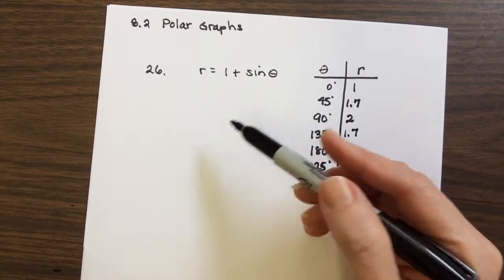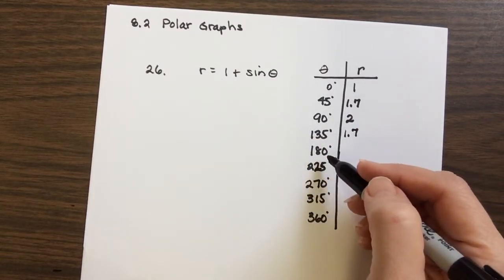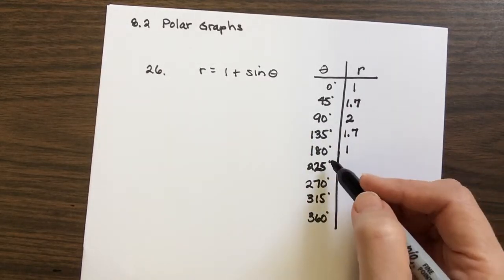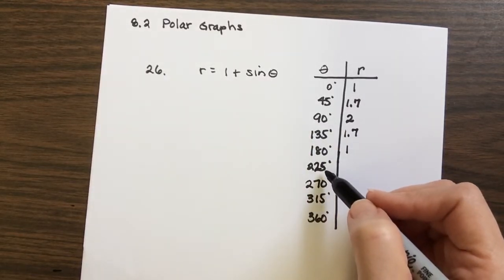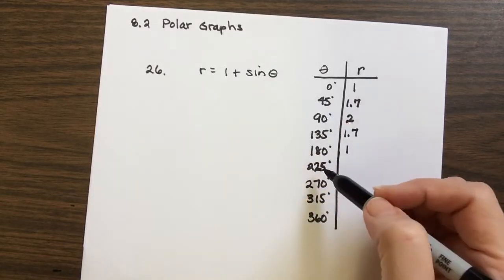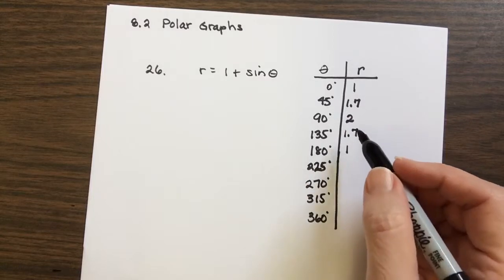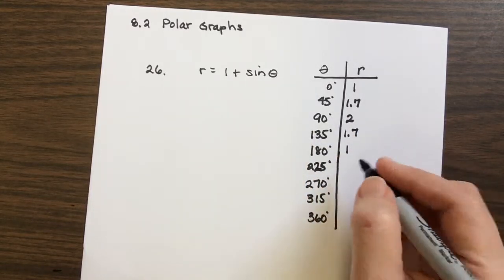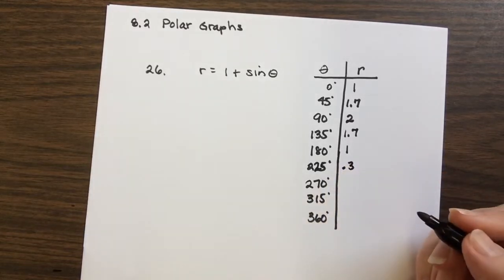Alright, the sine of 180 is 0, plus 1 is 1. 225. Now 225 is the square root of 2 over 2, but it's in the third quadrant, so my sine value is going to be negative. So if I do 1 plus negative 0.7, we're looking at around 0.3.